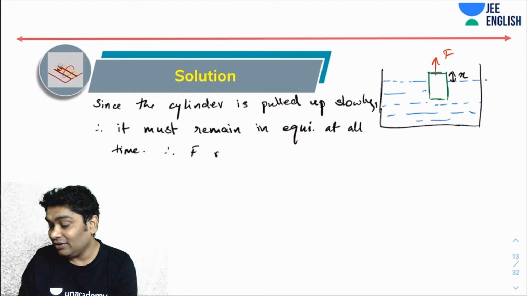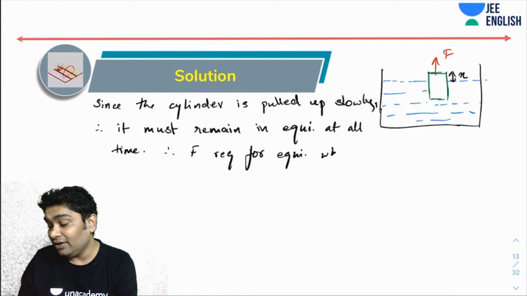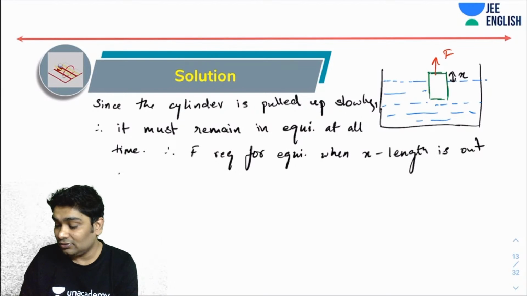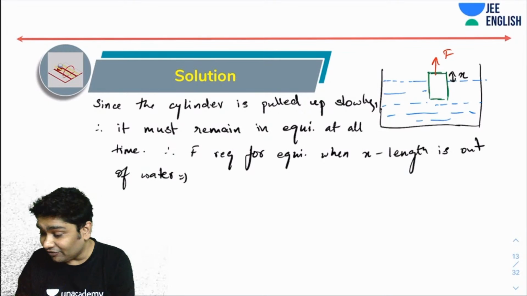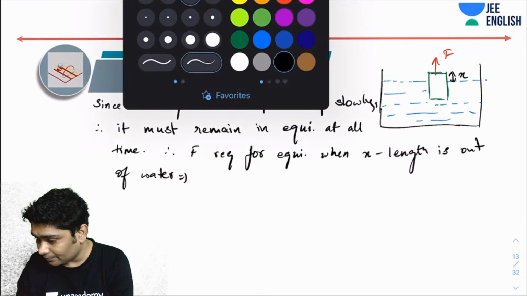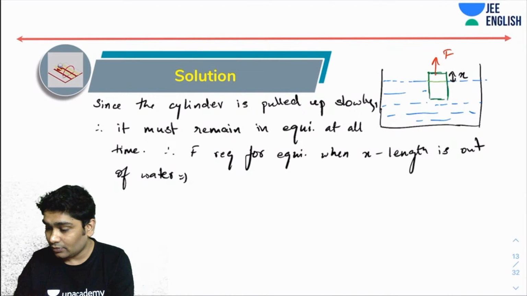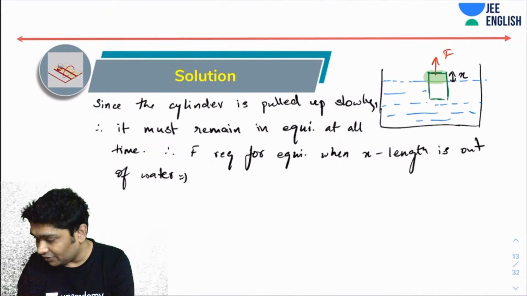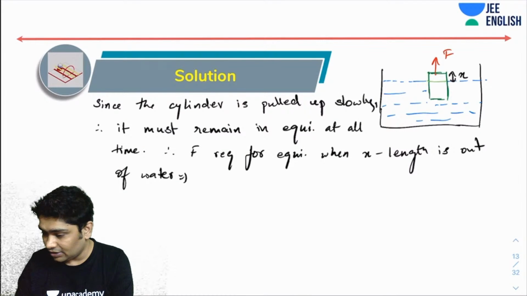Therefore, F required for equilibrium when x length is out of water will simply be the weight of this part.